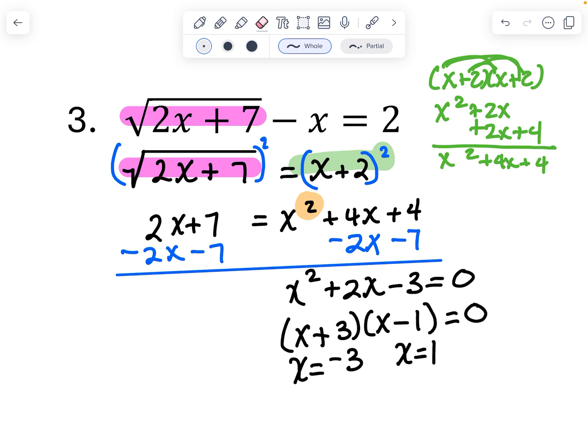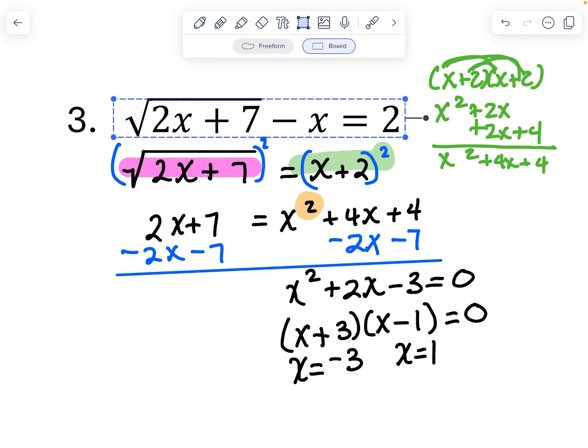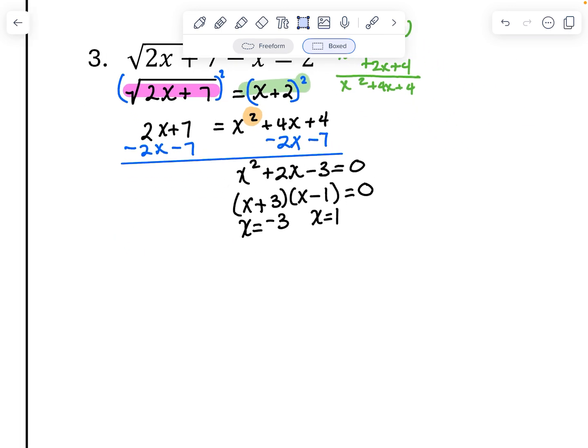So there, we'll just erase that. And then you go back and grab the original equation, and you're going to check your answers.